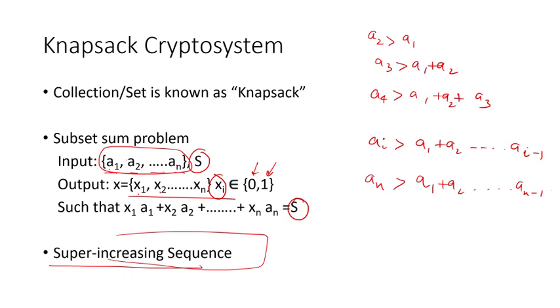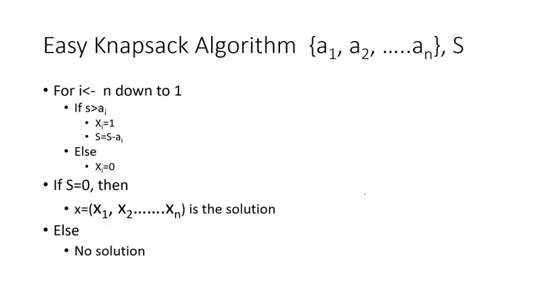And this is a computationally feasible problem if we take, as I said, the sequence as a super increasing sequence. So this is an easy knapsack problem or an easy knapsack algorithm. A simple solution for getting the values of xi would be, for instance, to run a loop for the value of i running from n down to 1.